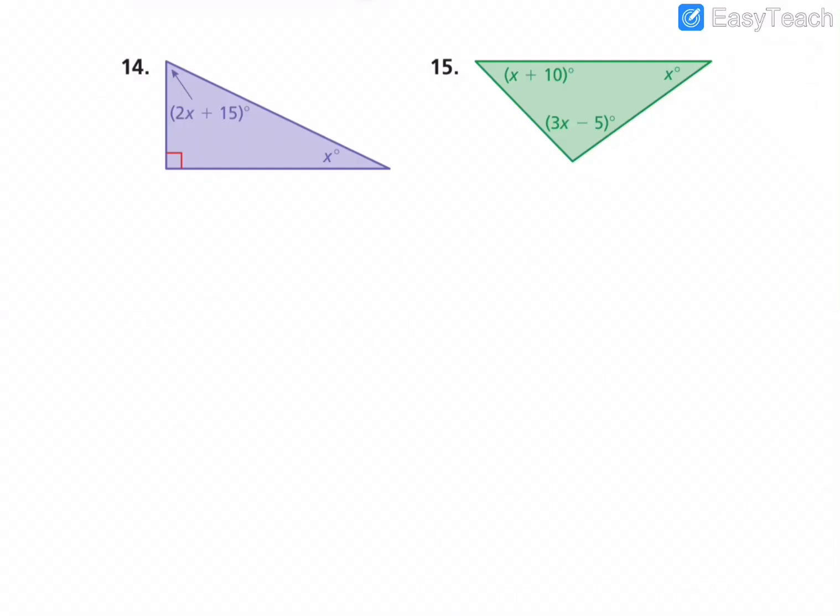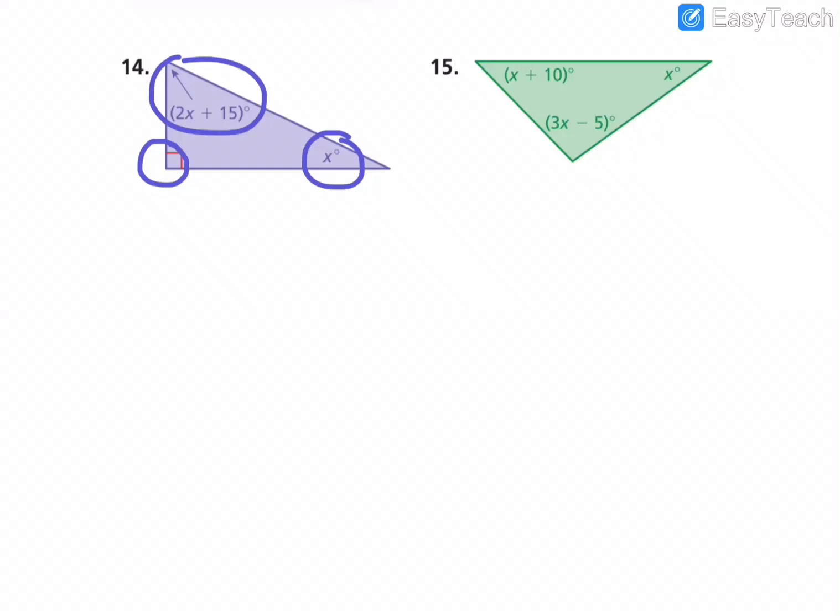All right, here's the last type. And I know you're thinking, oh, what is going on here? You don't have any of the angle measures here. All you have are algebraic expressions. So, this is exactly why you wanted to set up your equations, just so you are in good habits. Please do not overthink this. Every single time you do the exact same thing.